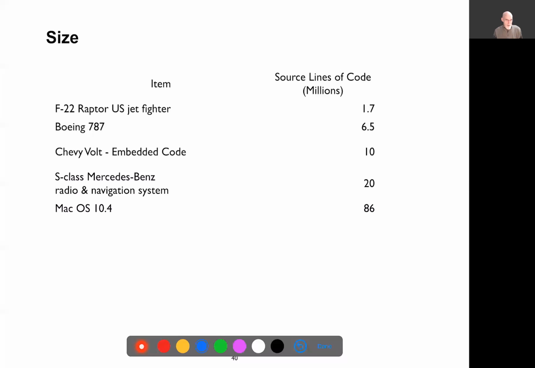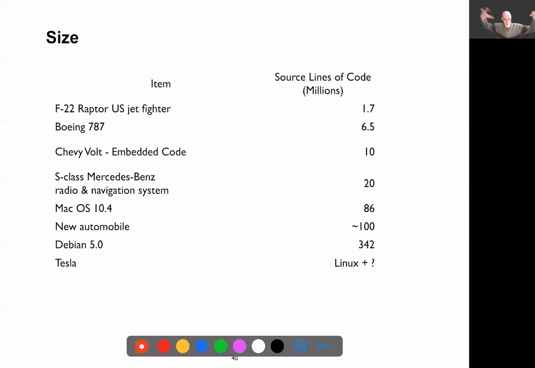An earlier version of Mac OS 10 had like 86 million lines of code. New automobiles, usually about 100,000. This is before we have self-driving features. Debian 5 has like 350 million lines of code.